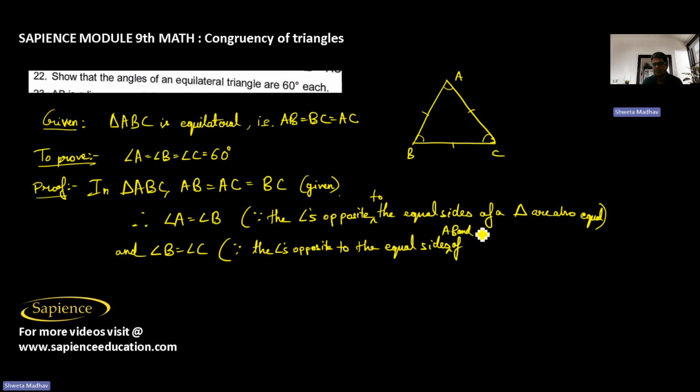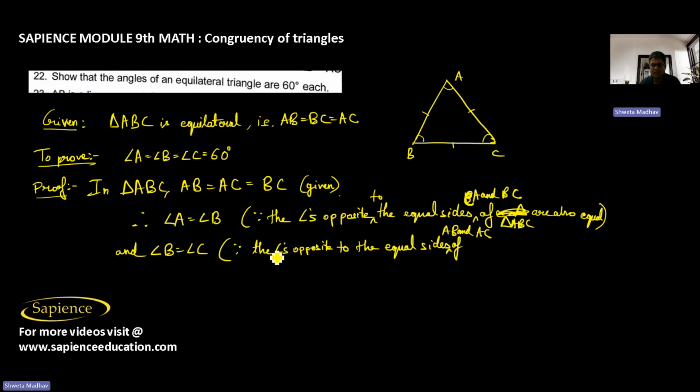Similarly, here angle A and angle B are opposite to the equal sides CA and CB, and the angles opposite to the equal sides of a triangle are also equal.